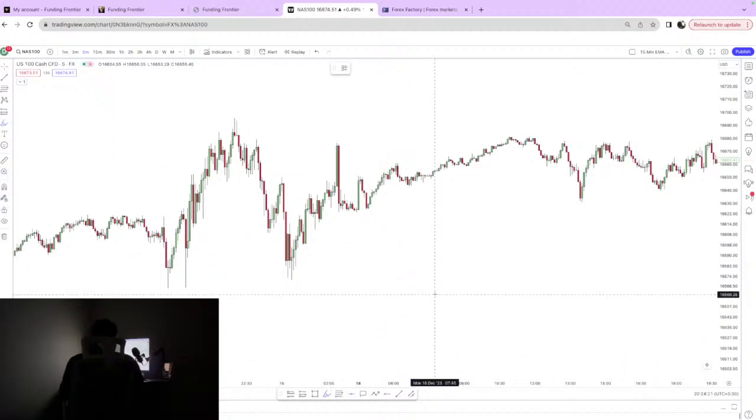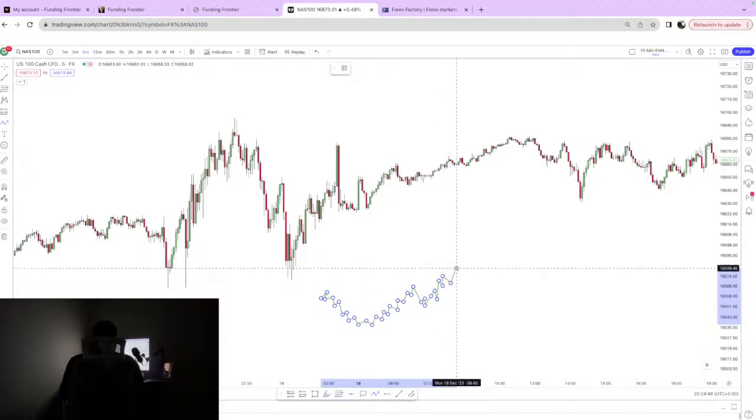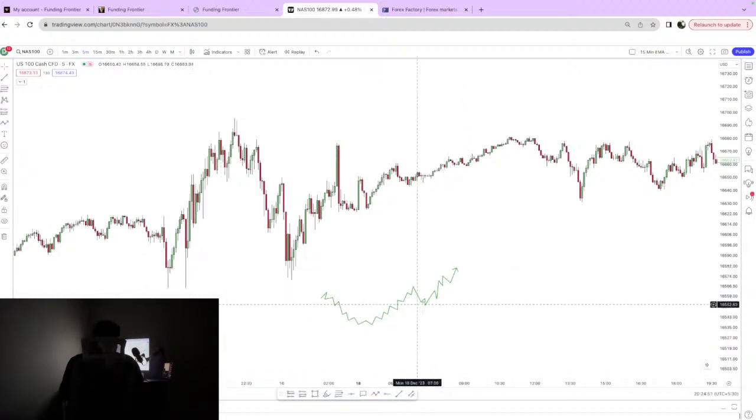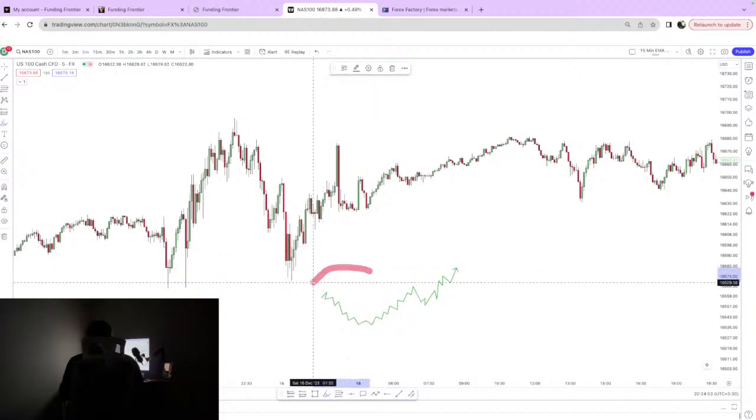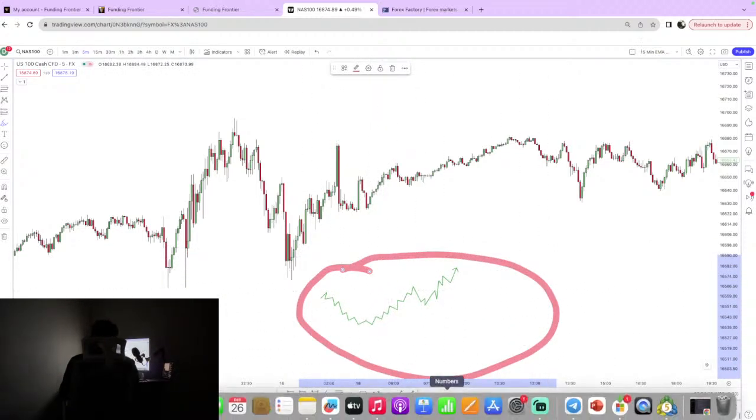So I'm asking one more question. Which pattern is this? What is this pattern called? Let's check your trading knowledge.